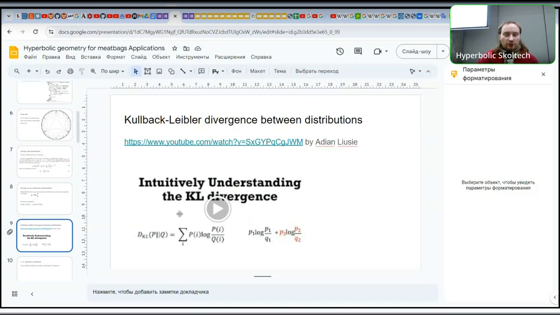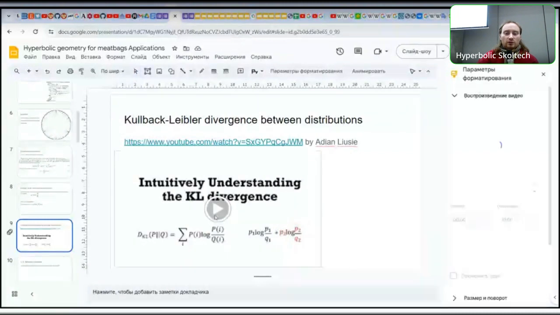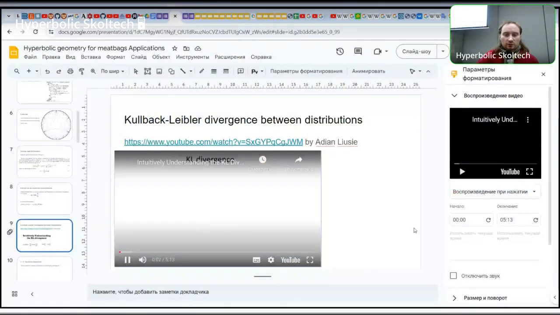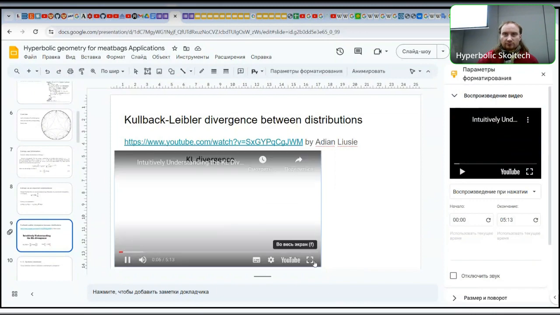So let's consider what the Kullback divergence between distributions is. The Kullback divergence is a distance measure between distributions which is widely used in information theory and particularly in machine learning.